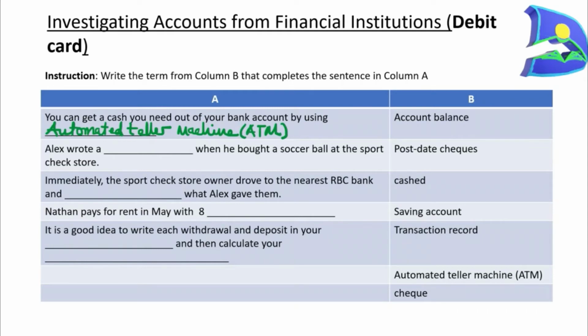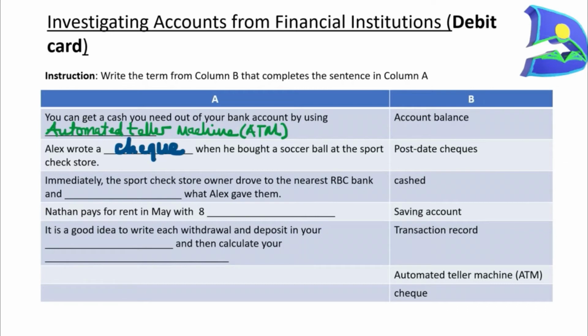Now the next question here is, Alex wrote a blank when he bought a soccer ball at the Spot Check store. So you will know right off the bat that you can write a check, because definitely that has to be done. You don't want to write on a bill or on a note, because that is not really the right place to write any financial statement.